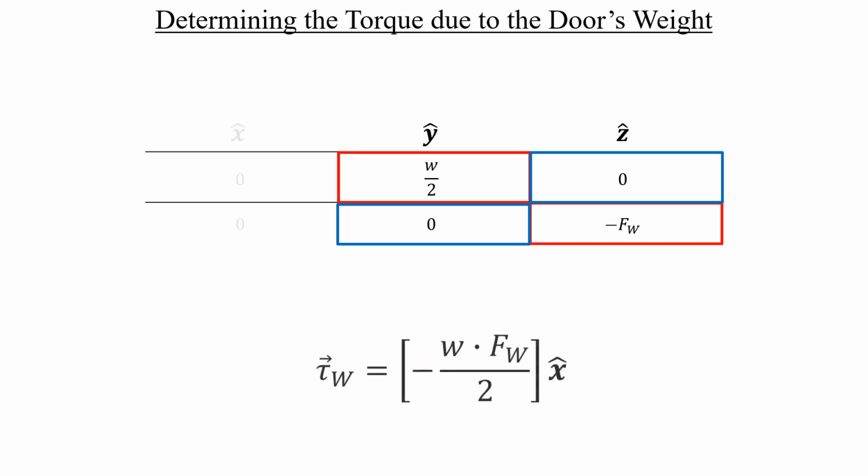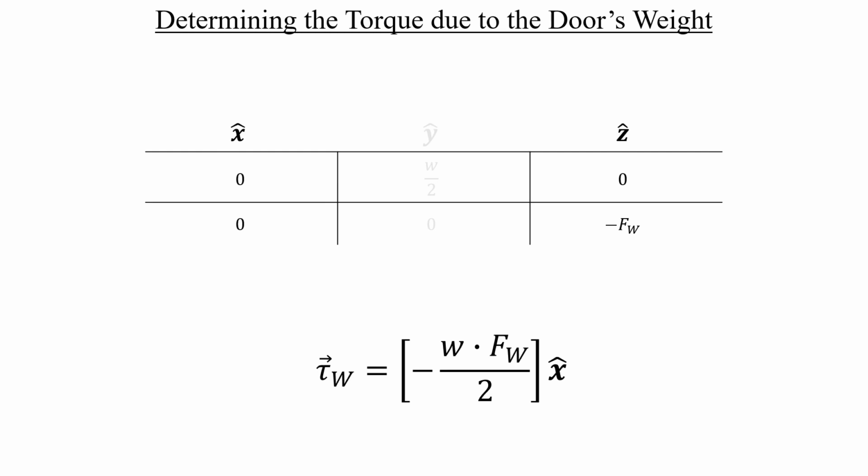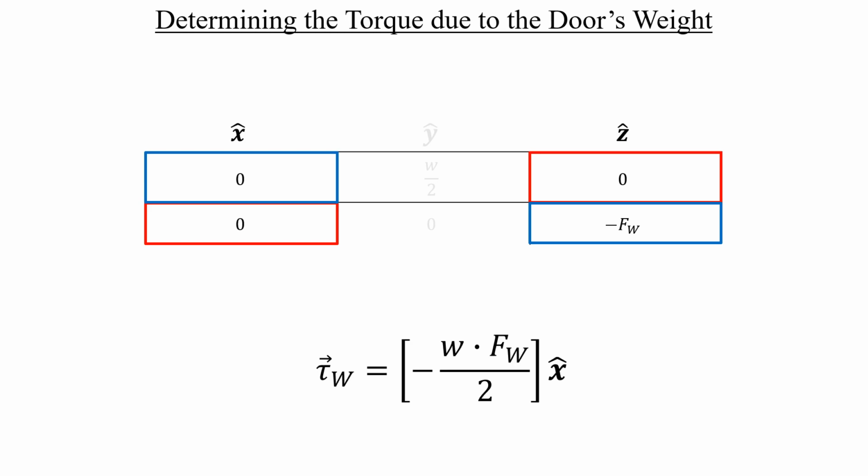So our x component is done, and now we can bring the x column back into focus and ignore the y column next. This time, we multiply this component by this one, and this one by that one.